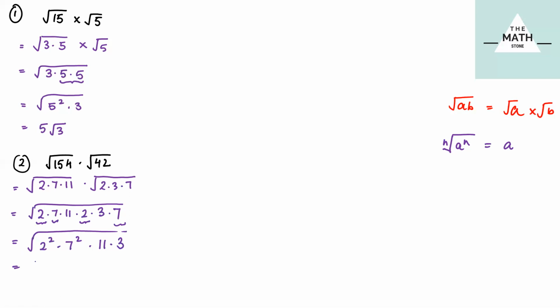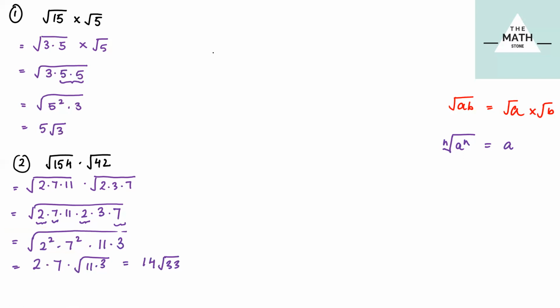That is why this will become 2 times 7 times the square root of 11 times 3. So this is 14 times the square root of 33, since 11 times 3 is 33. I hope this topic is clearer now.